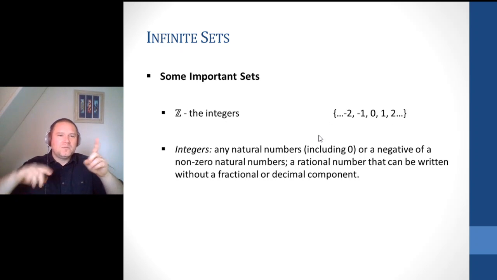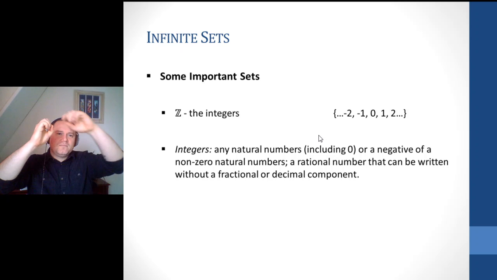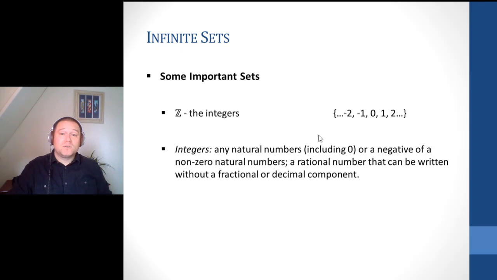So you've got 0, 1, 2, 3, counting up infinitely, and 0, and then negative 1, negative 2, negative 3, and so on, infinitely downwards. Notably, they're all going to be whole. So all of the integers are the whole numbers, starting at 0, going up, and going down. So that's our set Z.